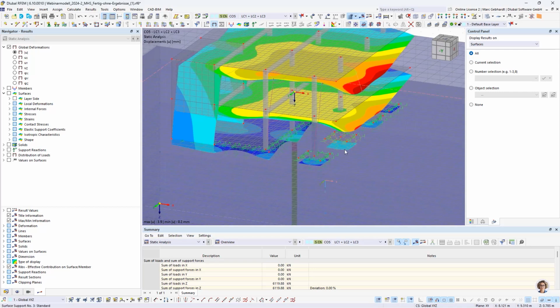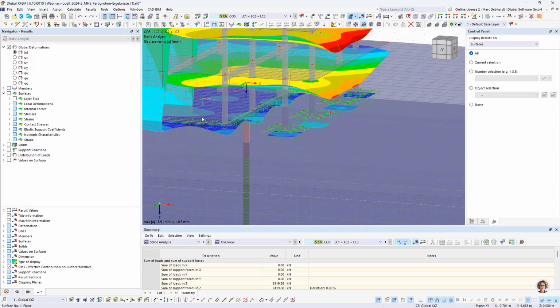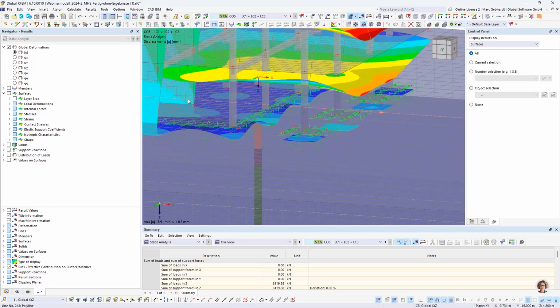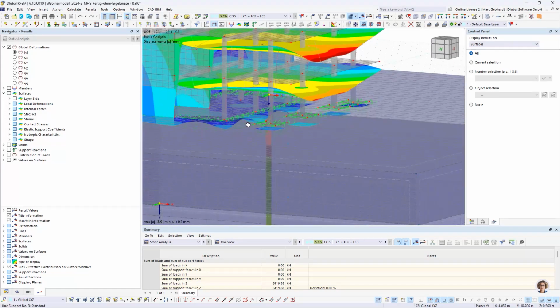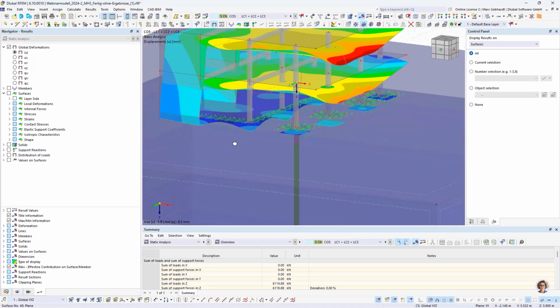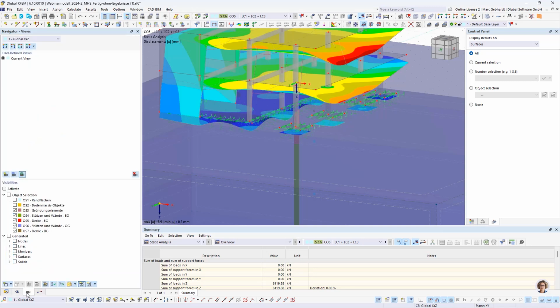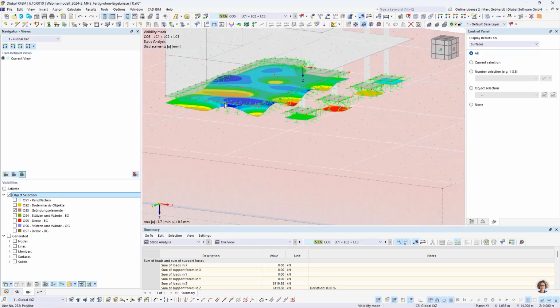We see a higher settlement on this column, and as well in the middle on this middle wall than a normal plate. At this point, we only want to see the base and also want to see the lines on the bases and not only the surfaces.